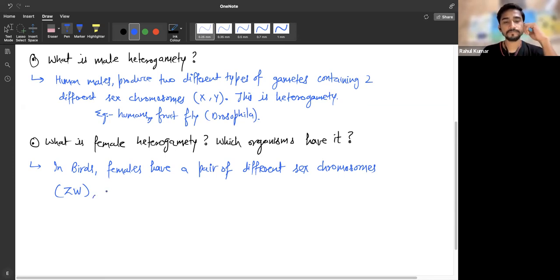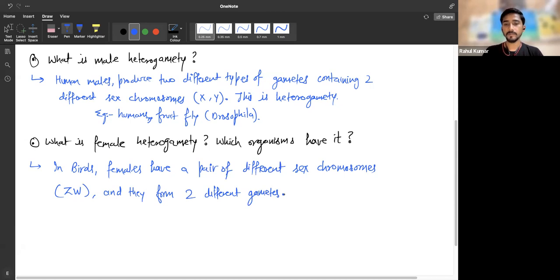And they form two different gametes, one containing Z and one containing W, correct?